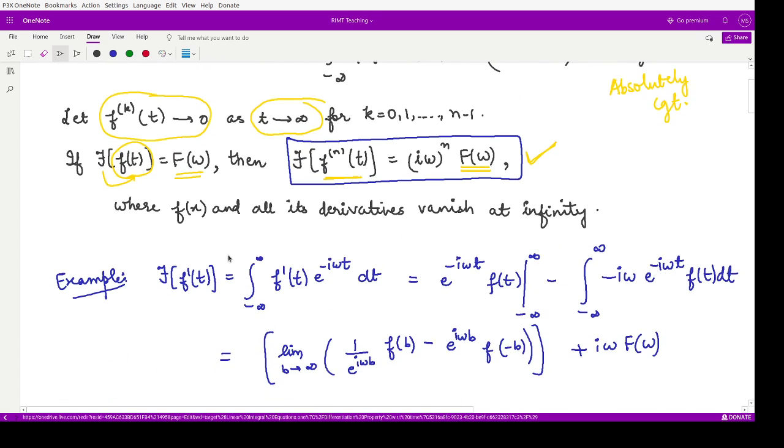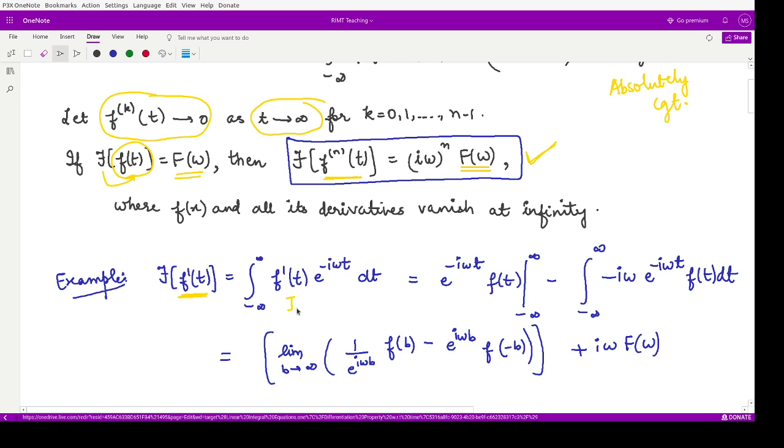So suppose let us see it for the first derivative case. For the first derivative, let me calculate the Fourier transform of this first derivative f dash t. So the Fourier transform of this first derivative is equivalent to integration minus infinity to infinity f dash t e to the power minus iota omega t dt.